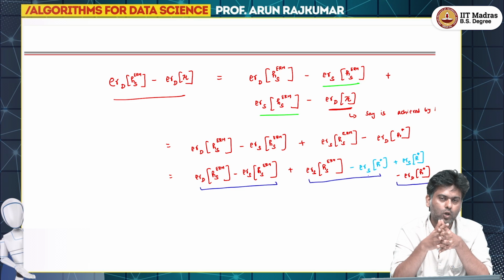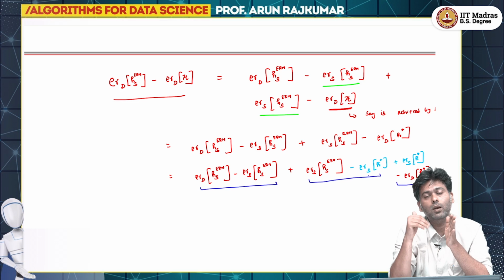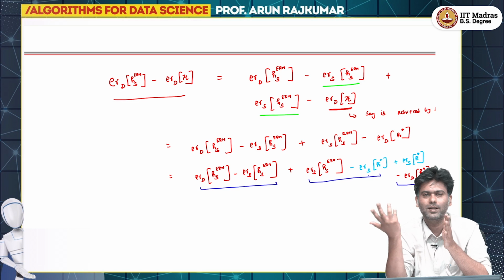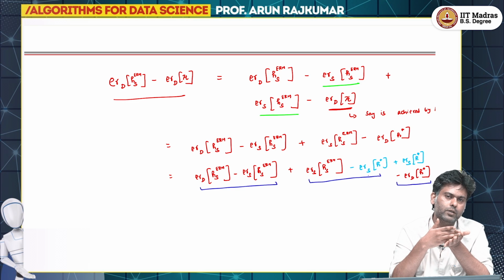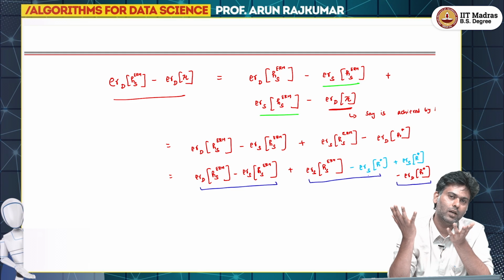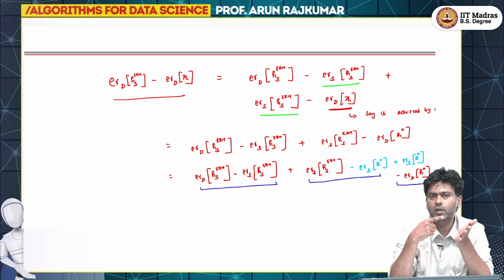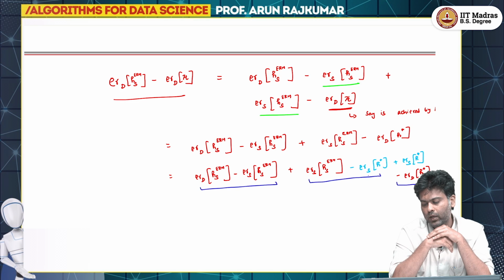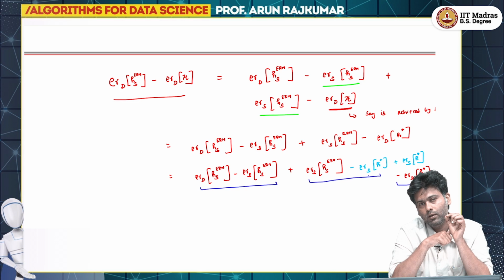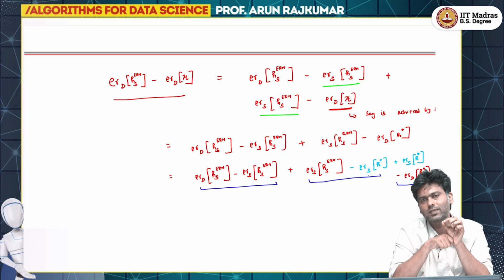By choice, ERM is the one that makes the least train error. H star need not necessarily make the least train error. It might be the best possible for the test data, but it may not be the best for the train data, because of the sampling itself. But because ERM is the best possible for train data, it will have the least possible train error.